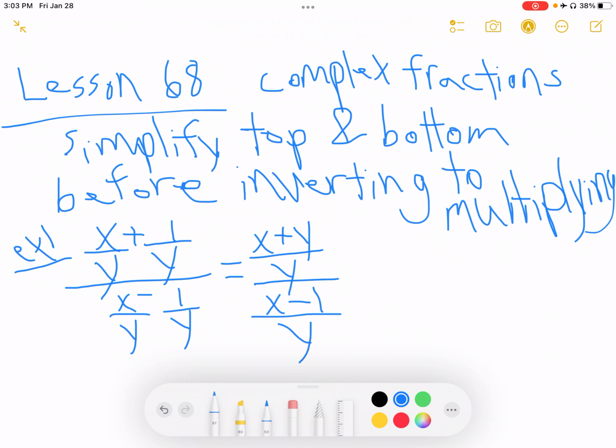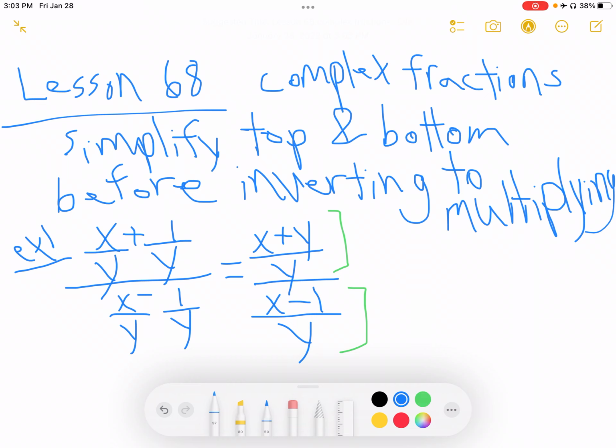Okay, so those are the same thing. And then if I'm going to follow my step above where I said simplify top and bottom before you invert to multiply, then the top here is this piece, and then the bottom is this piece.